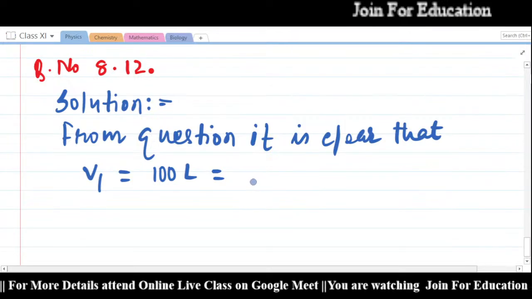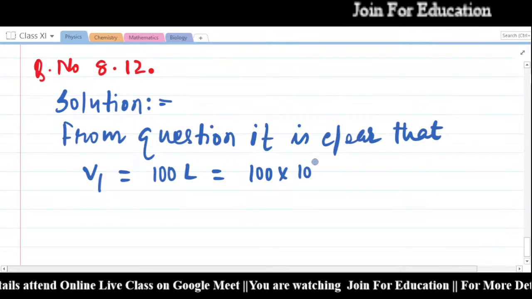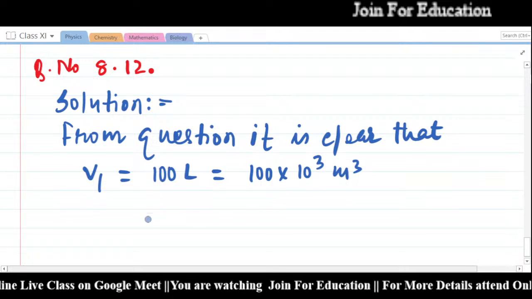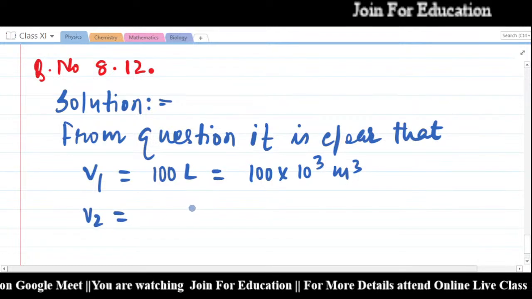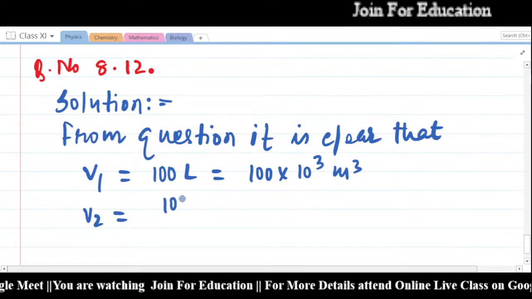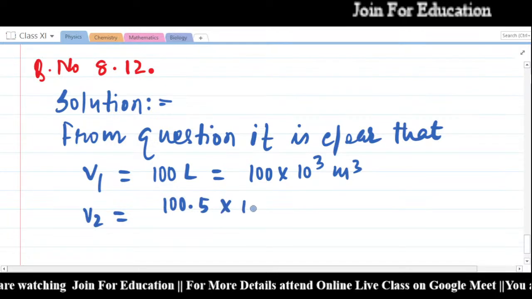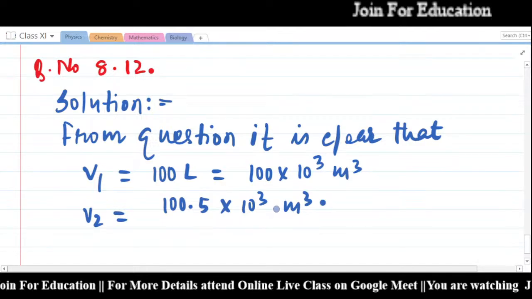Then this will be 100 into 10 to the power minus 3 cubic meter, and V2 equal to 100.5 into 10 to the power minus 3 cubic meter.